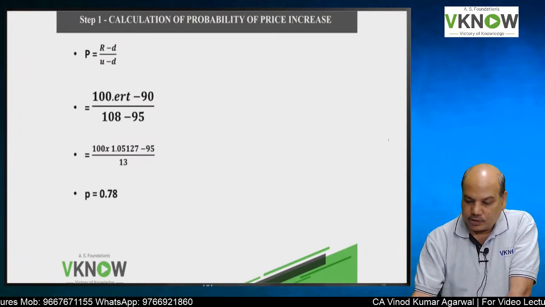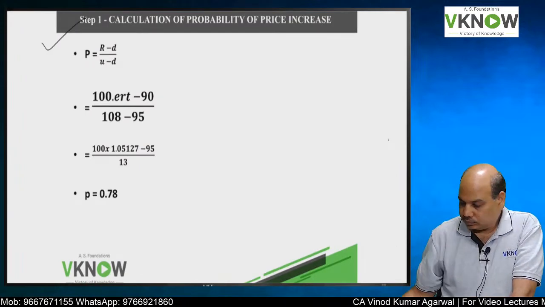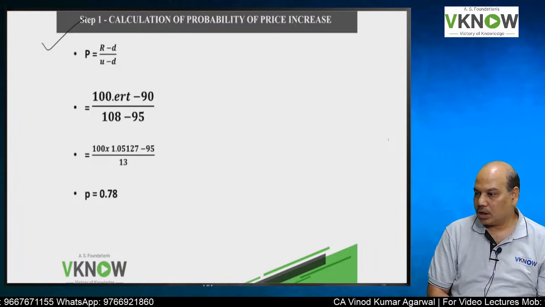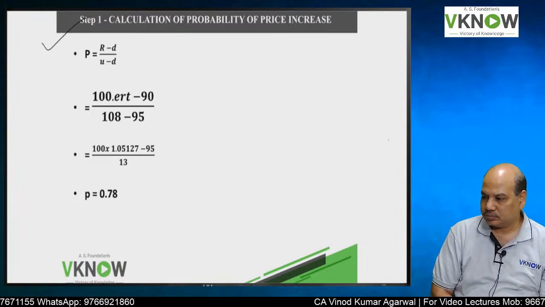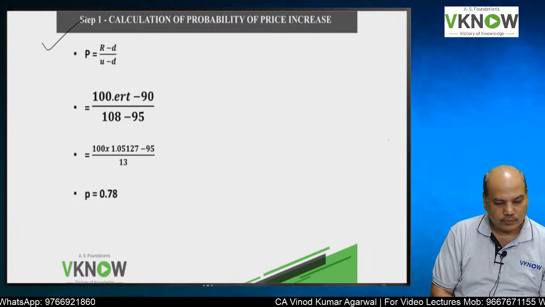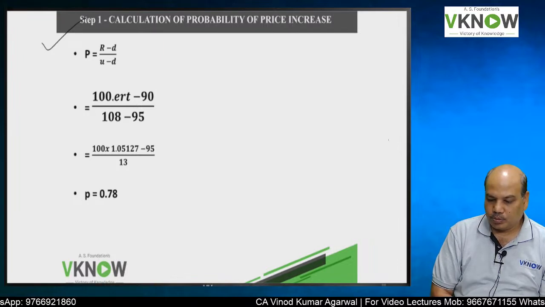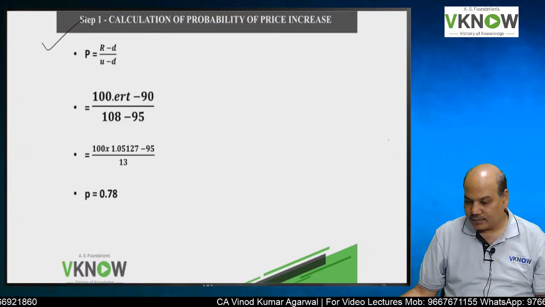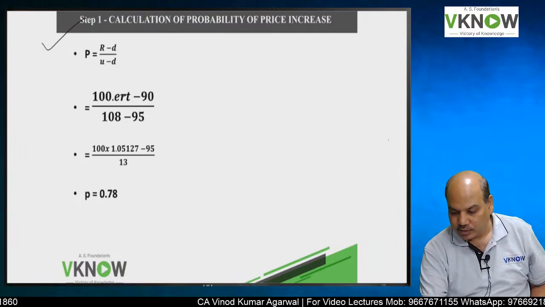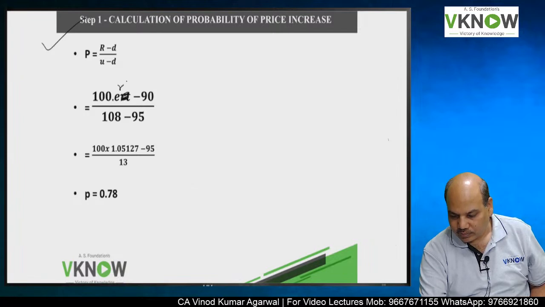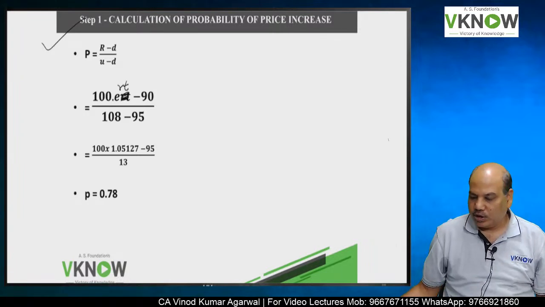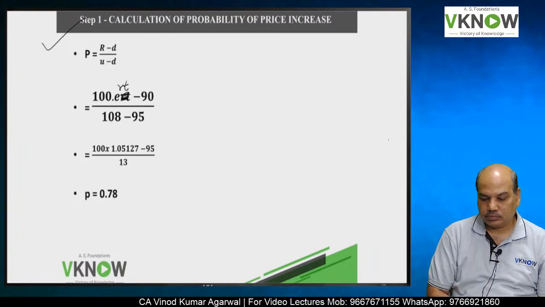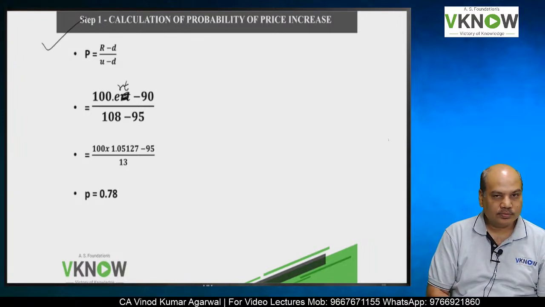The student will first write down step 1, calculation of probability of price increase. P is equal to R minus D upon U minus D. I hope you remember the formula.